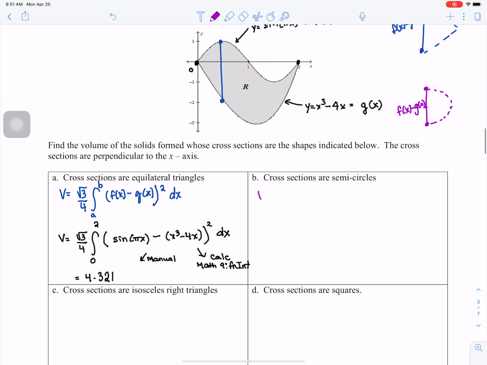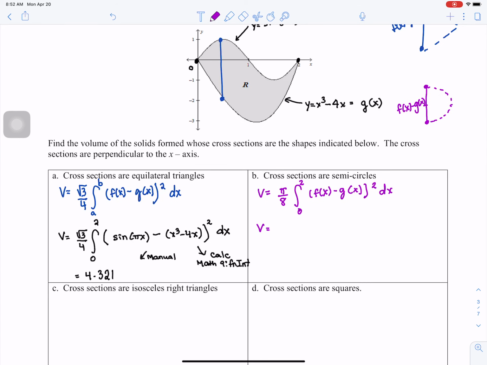So my volume would be the integral of pi over 8, where the integral goes from 0 to 2, and then I have f of x minus g of x all squared dx. So my volume is, let's write that in black, so that purple is the known formula.